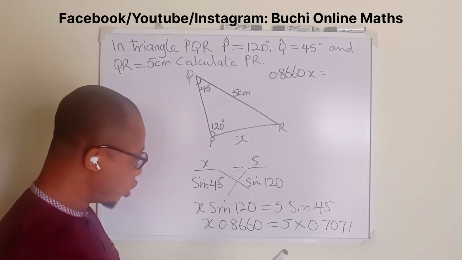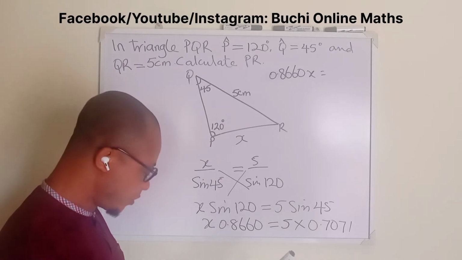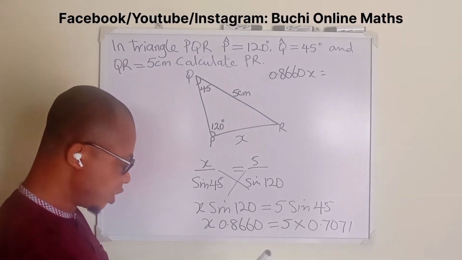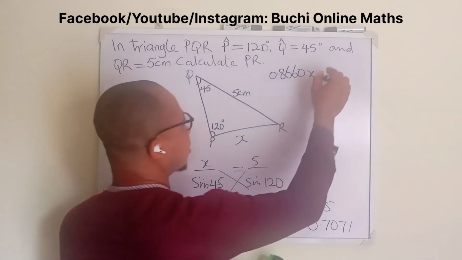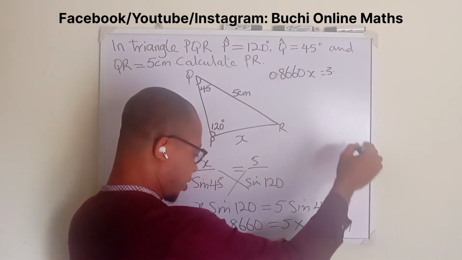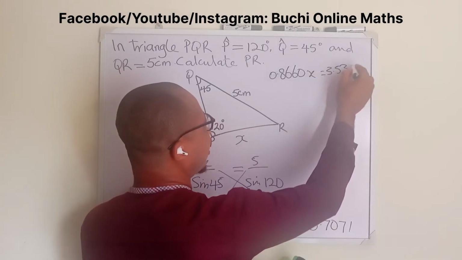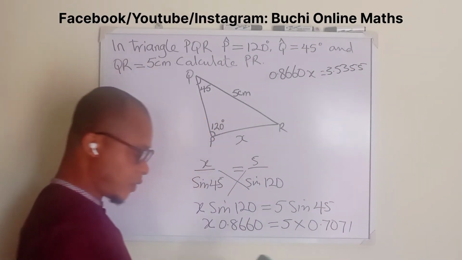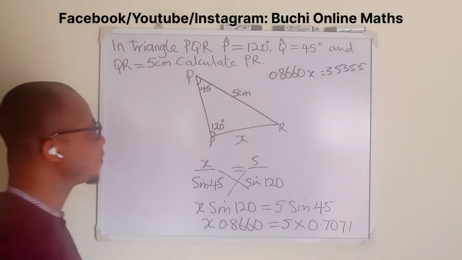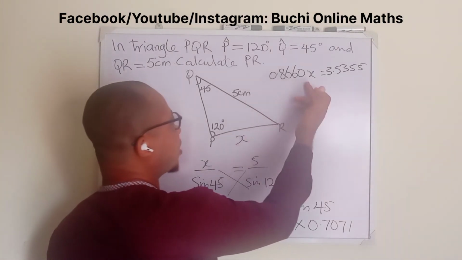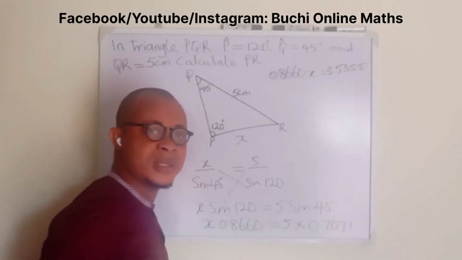So we say 5 times 0.7071. It will give us 3.5355.